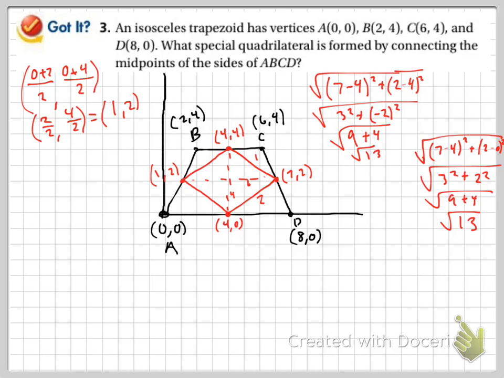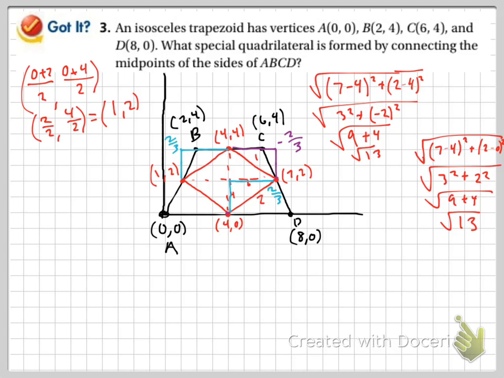I was not told that this is a parallelogram, but I can count that with my slope. So if I look at this line here, I go up 2 over 3, so that slope's 2 over 3. This one is up 2 over 3, 2 over 3. And then if I check the other sides, I've got a slope of up 2 over 3, so that's negative 2/3.